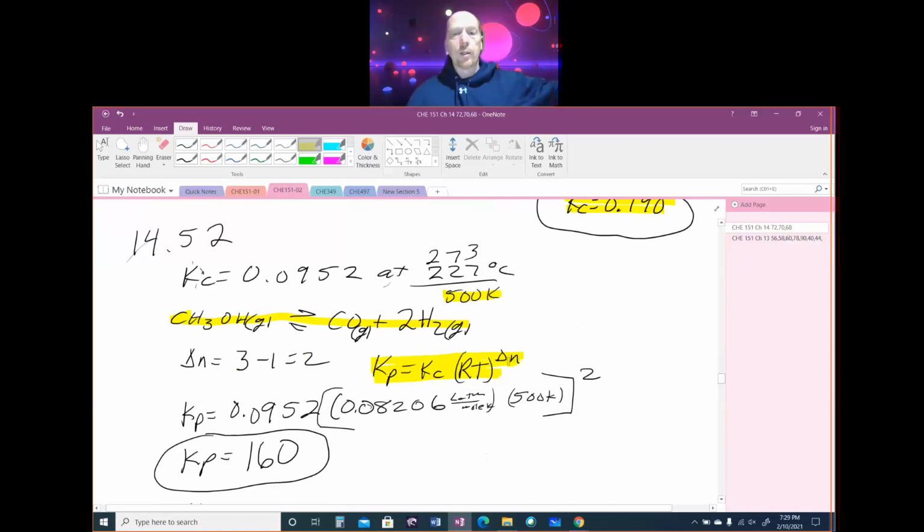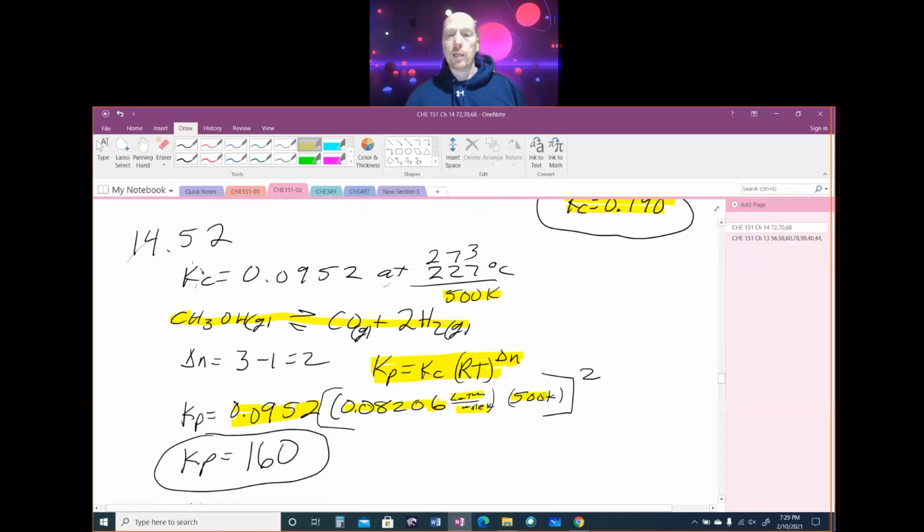All right. So you have your equation. So you put in your Kc, that is given, 0.0952. The R value, you have to know, there's 2 different R values. Kp is in atmospheres. So you have to use the 0.08206 liter atmospheres per mole Kelvin in this equation.